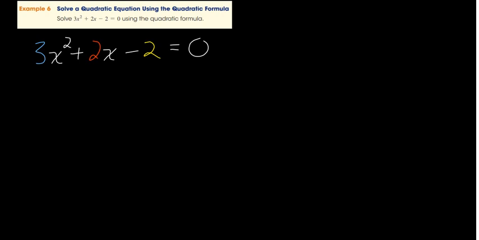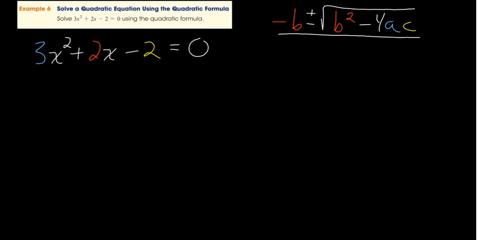I'm going to try and color coordinate the quadratic formula. Negative b plus or minus the square root of b squared minus 4 times a, which is blue, times c, which is yellow, and that is all over 2 times a, which is blue. Okay. And that is x is equal to.